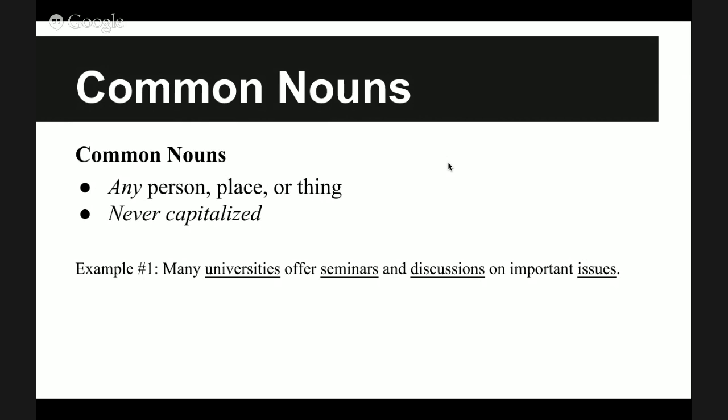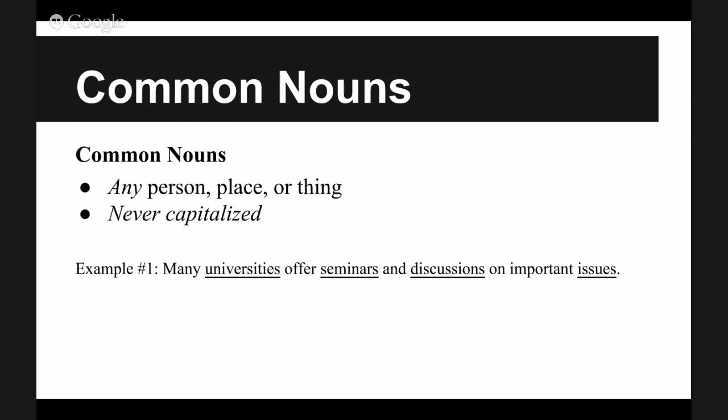This sentence: many universities offer seminars and discussions on important issues. Each word that is underlined in that sentence is a common noun. So many universities, referring in general to universities, not to a specific university.